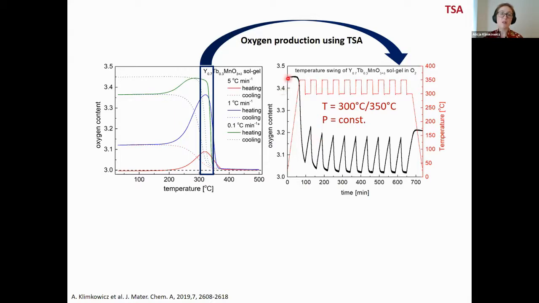And here on the black curve, you can see the response of the sample with the change of the oxygen content. So first the oxidized material released oxygen, and then when we lowered the temperature, the material increased the oxygen content. And you can see repeating cycles of this oxygen absorption and desorption.